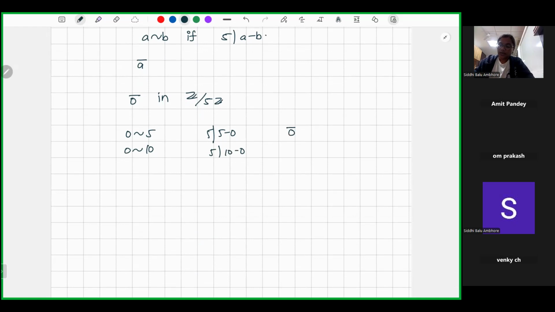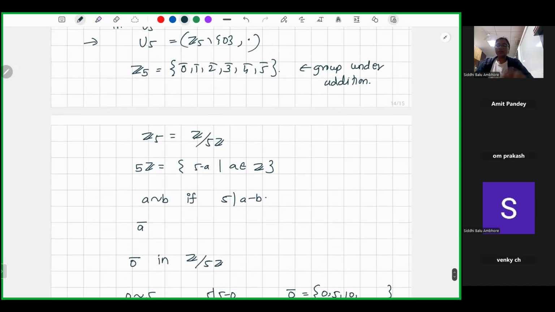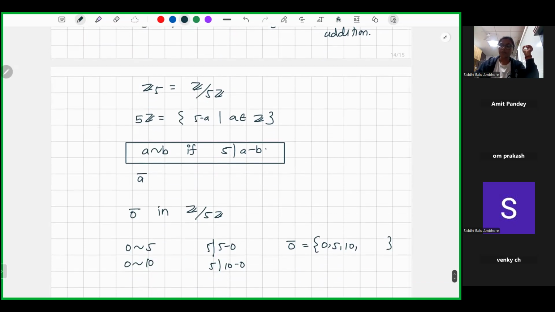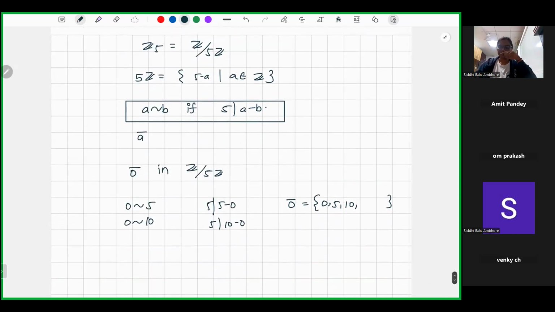So the class of 0 bar contains 0, 5, 10, all the multiples of 5. Instead of looking at the entire Z, we are clubbing them under this equivalence, that A is related to B if 5 divides A minus B.